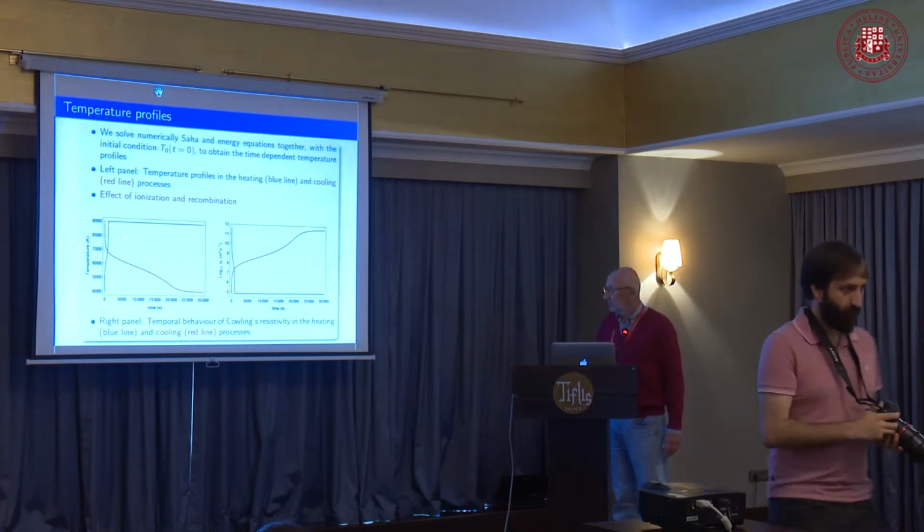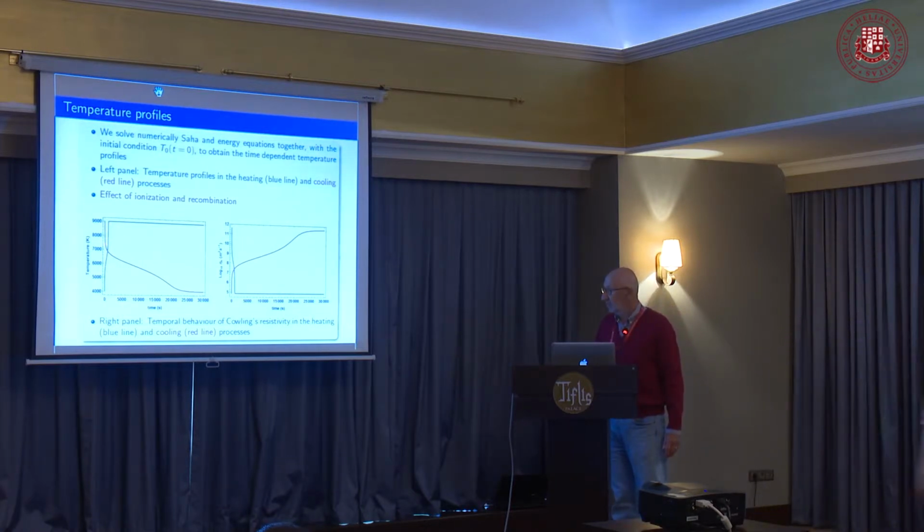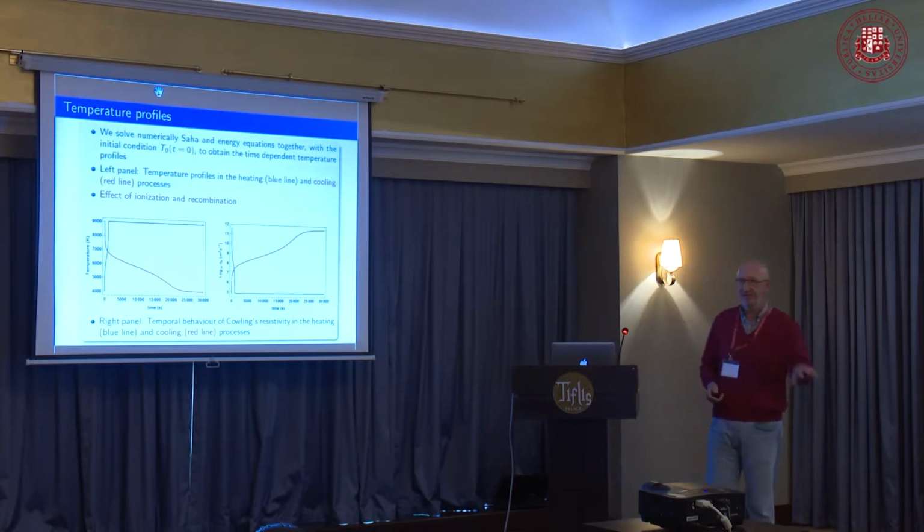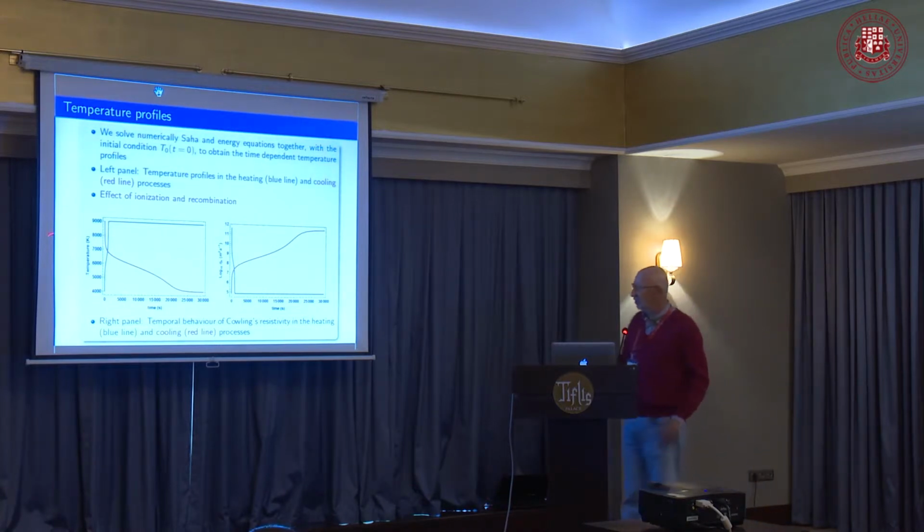In the cooling process, we decrease the temperature, but recombination takes place, so that means energy is released to the plasma. So the plasma is much more difficult to cool down, and it takes longer to arrive at the final temperature.